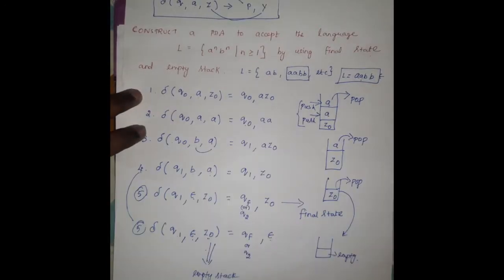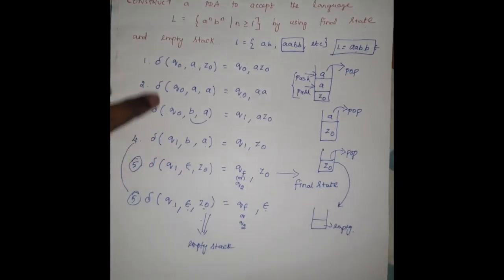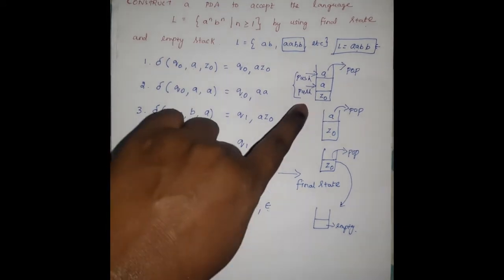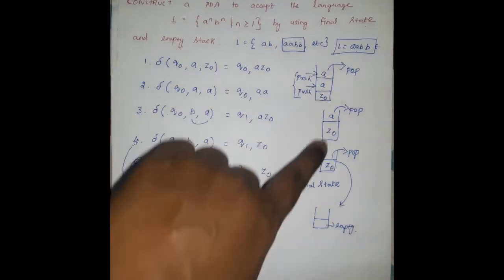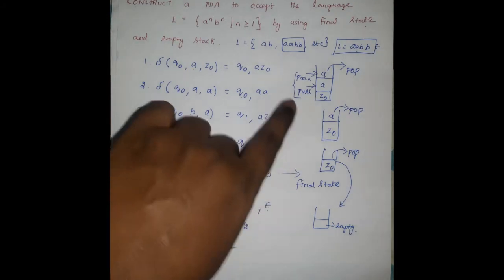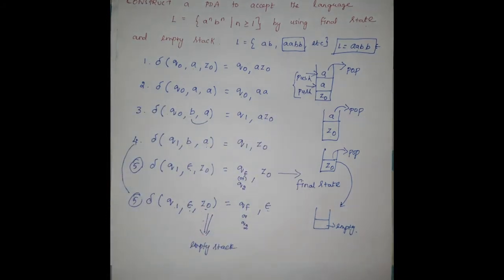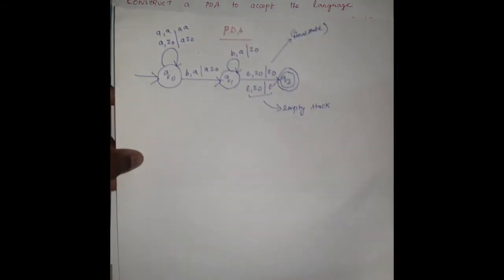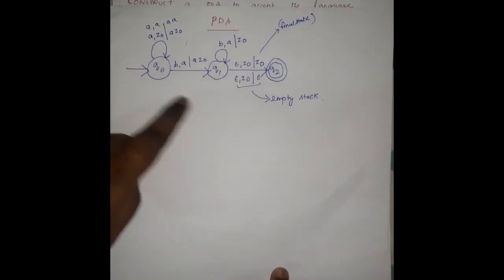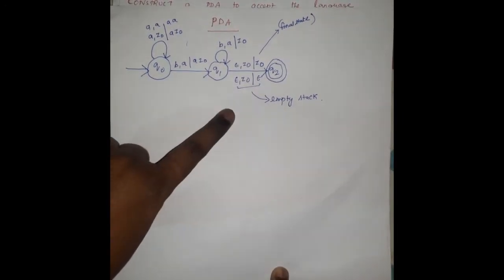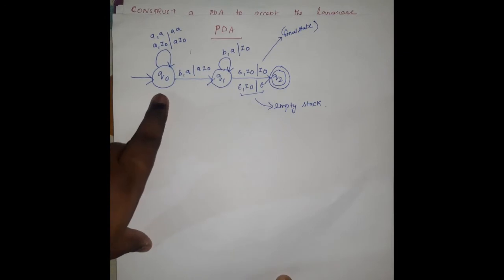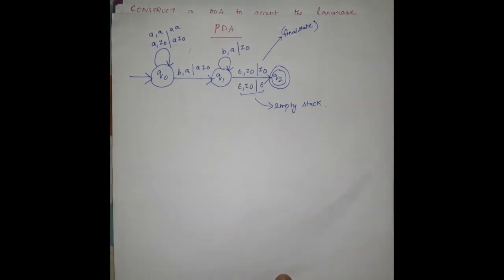So in this first step you have to perform all transition functions, and simultaneously you can create the stack, and in each and every step you can visualize the push and pop operation, and after that from this transition function you can easily draw the pushdown automata diagram for each and every individual state. It is a little bit different from finite automata.